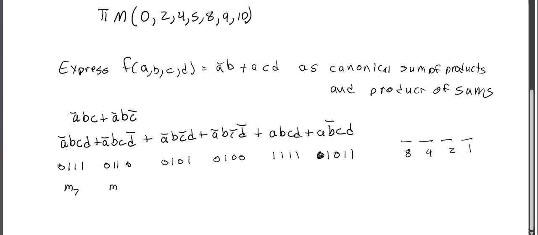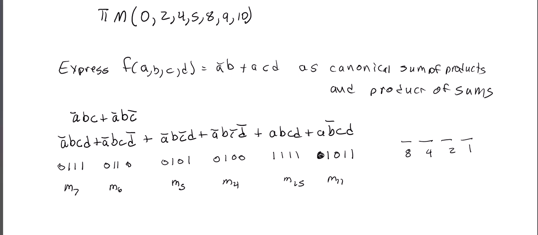This is min term 6. This is min term 5. This is min term 4. This is min term 8 plus 4 is 12, that's 15. And this is min term 11. Yep.